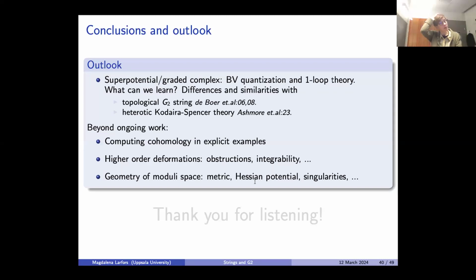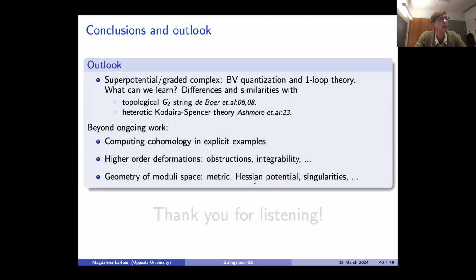So the outlook is that we're working on the quantization of this system, and the reason why we're doing that is because people have worked on similar problems in the past. In particular, there are some papers on what is known as the topological G2 string by de Boer and collaborators, where they are exploring G2 instanton bundles and how they relate to what one can say about their one-loop partition function.